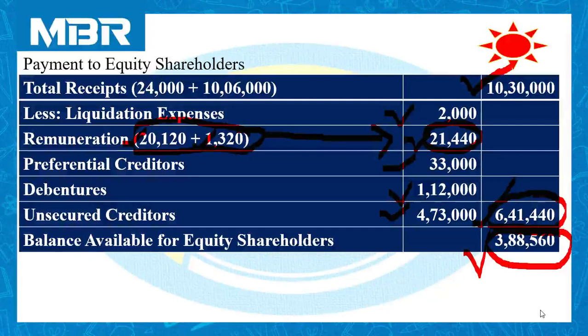Now out of these 3,88,560, we have to pay liquidator's remuneration at the rate of 10% on the amount paid to equity shareholders, and we have to pay the amount to equity shareholders, that is the balancing figure in our statement. After calculation of the balance available for equity shareholders, let us move to the final part of our calculation.